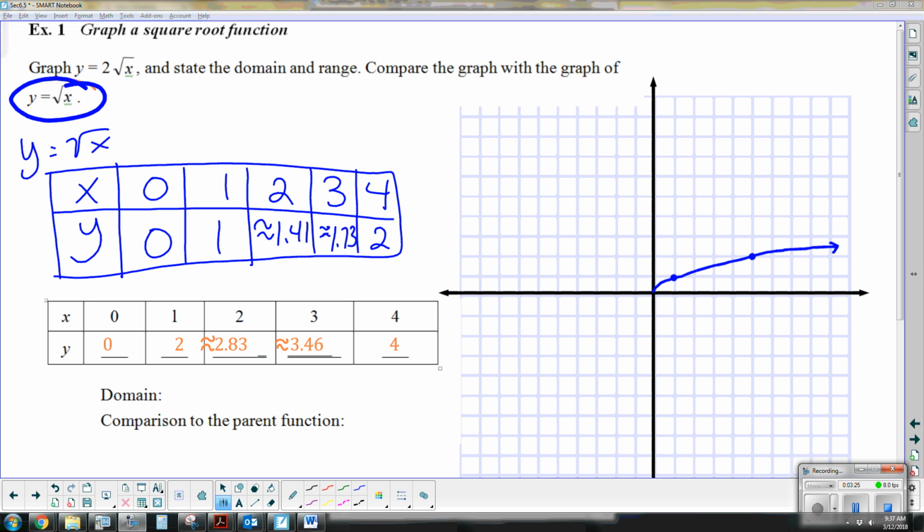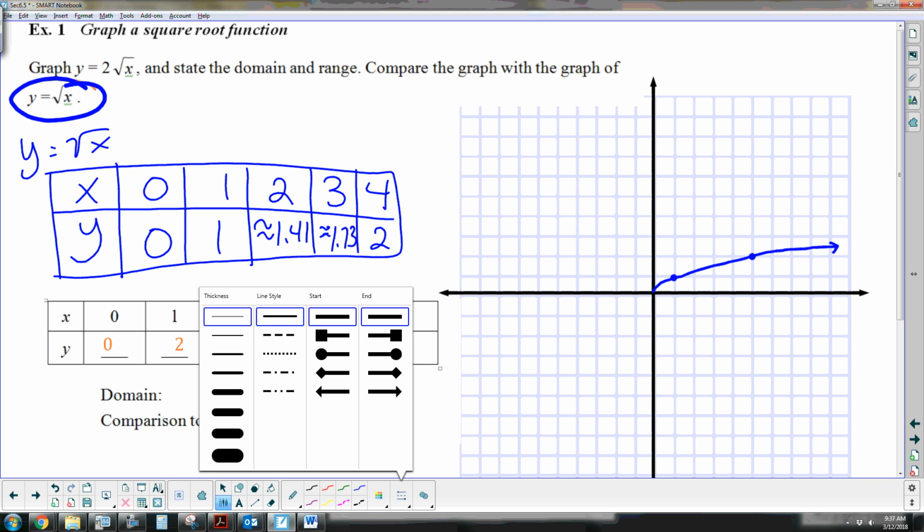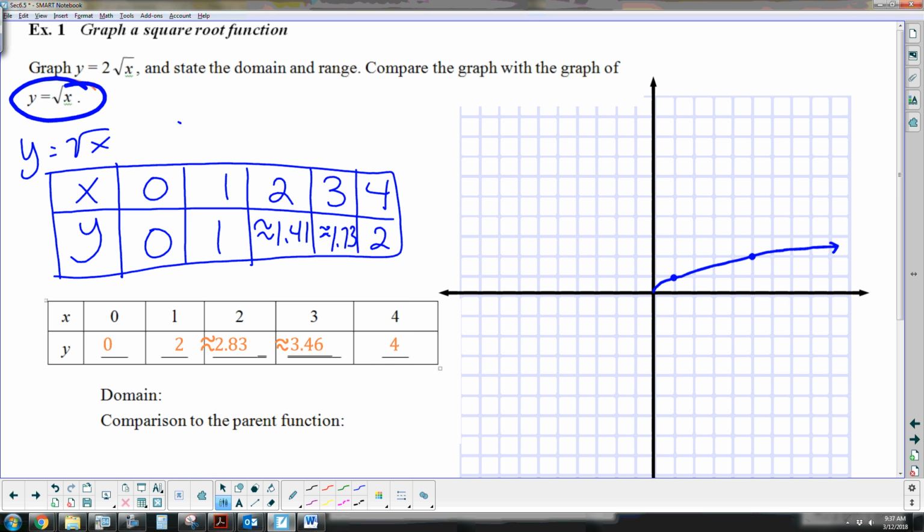Now again, you have to pay attention to the domain here, where x has to be positive, or non-negative. So in this function, y equals the square root of x, the domain is non-negative numbers. And if you think of what it means to be a function, we can only have one output for every input.